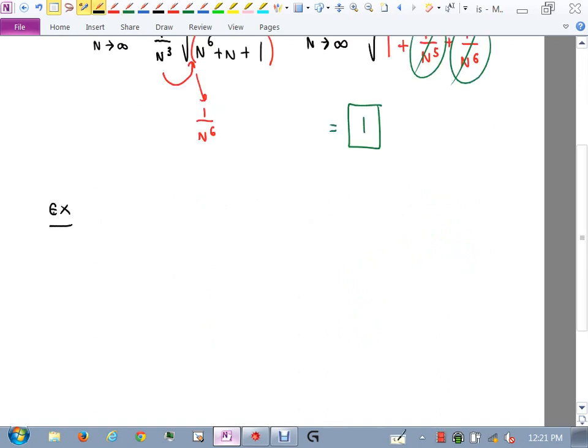Okay, how about this one? Find the limit as n goes to infinity of sine of pi n over n plus 1.